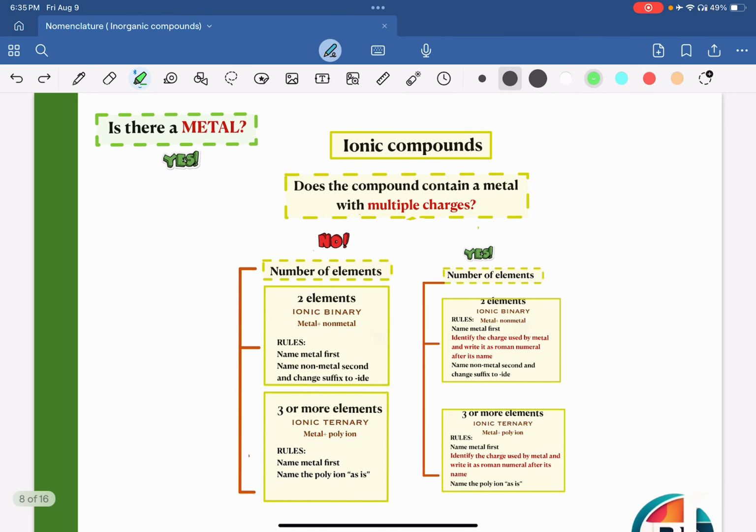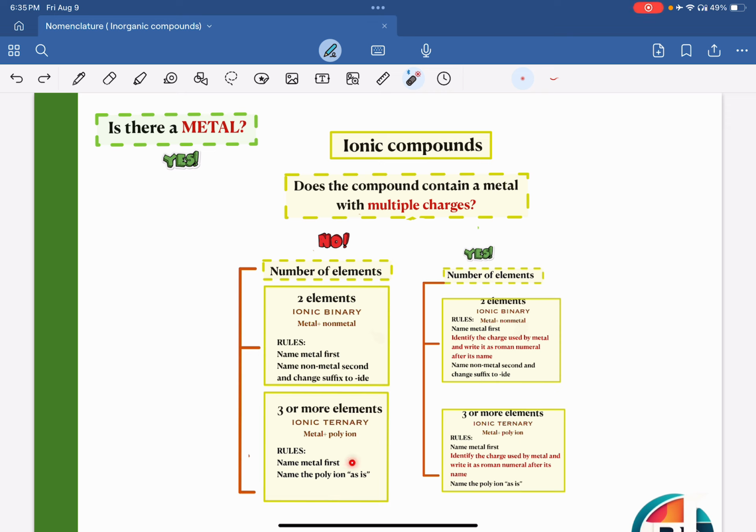Focusing on the rules for naming ionic compounds, it's important to remember that an ionic compound consists of metals and nonmetals. To name an ionic compound in more detail, ask yourself this question first. Does the compound contain a metal with multiple charges?